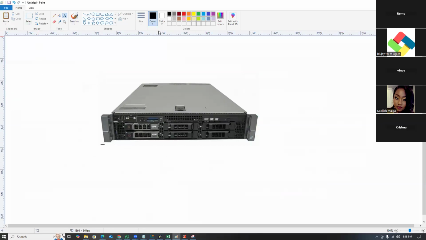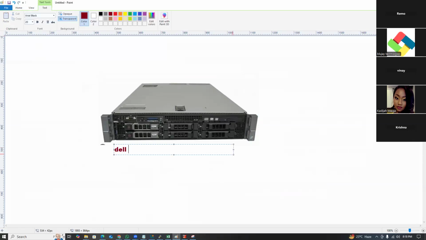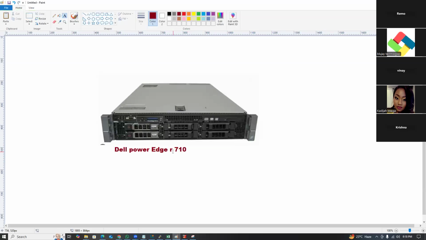So what is this hardware, guys? Dell PowerEdge R710. What is the model of this hardware? Dell PowerEdge. If you want to interact with this hardware, how can you interact with it? You can interact with the hardware through the OS only.